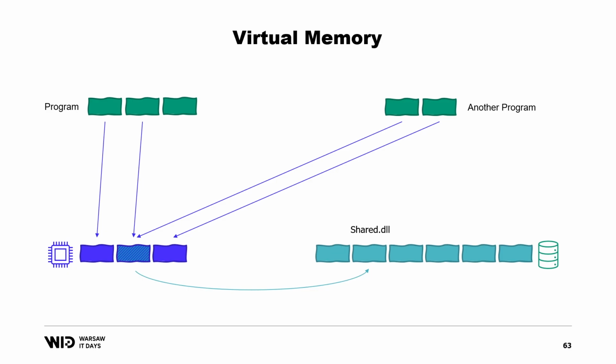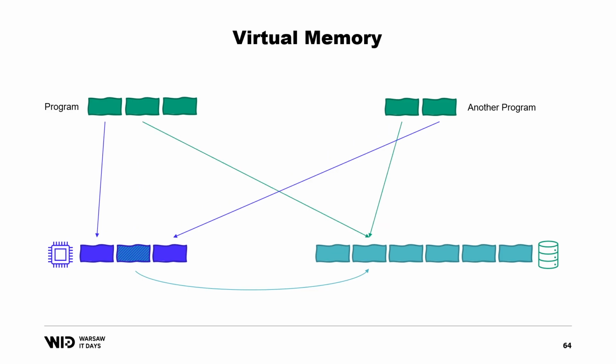So it will do just that. The two shared pages will point to the disk now instead of to memory. The memory is cleared, set to 0 by the operating system, and then given to the first program to be used for its third logical page.